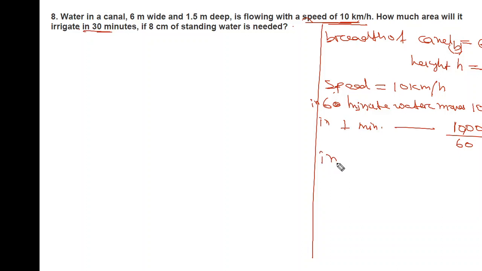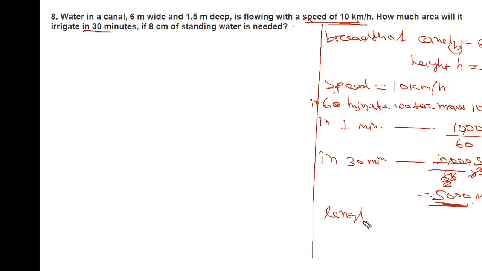So in 30 minutes we will find water will move 10,000 divided by 60 into 30. You can cancel it, it will be 5,000. So you can write it is equal to 5,000 meter. Okay, so in 30 minutes the water will move 5,000 meter. So this will be the length of this canal. Okay, so you can say length is equal to L, which is equal to 5,000 meter.